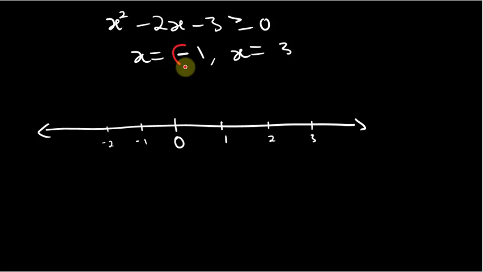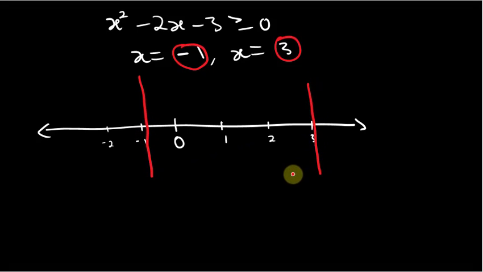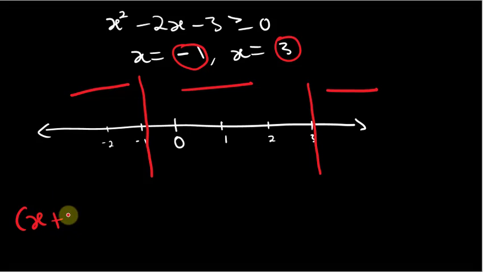Now, as it stands like this, we have 3 main parts. Let's use the values here, the -1 and then a +3. So we have one part here, another part here, so we have this part, this part, and then this part. We want to try and test something here. Don't forget that the quadratic expression, when we factorized, we had x plus 1 and then x minus 3 being greater than or equal to 0.